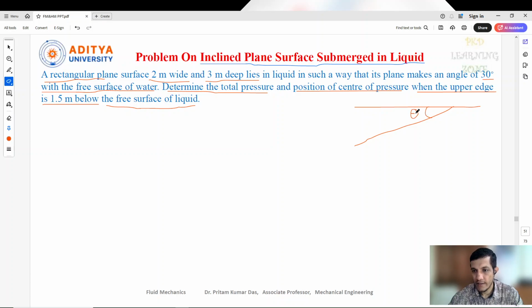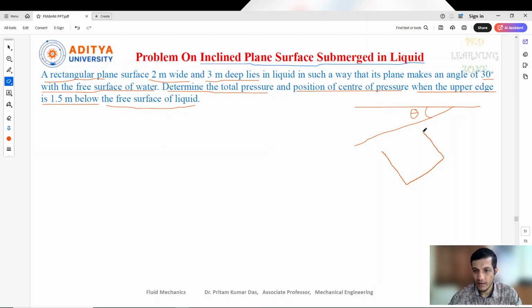So this theta angle is already given as 30°, so theta equal to 30 we can write. Initially this is the free surface of the liquid, but the plane makes an angle. Okay, an inclined plane is there. So here I'll draw a rectangular plane.